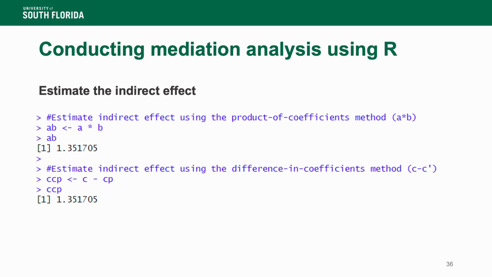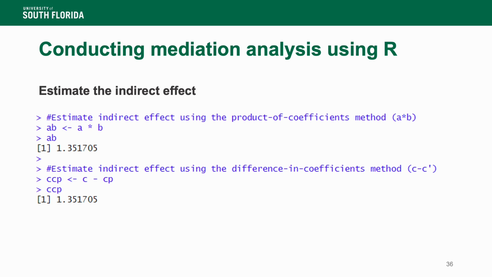Here we see the output after running the lines of code on the previous slide. We can see here that the indirect effect estimate based on AB is 1.35, and the indirect effect estimate based on C minus C prime is also 1.35. When we're using traditional mediation analysis, for mediation models with a continuous mediator and a continuous outcome, A times B and C minus C prime will always give us the same effect estimate.